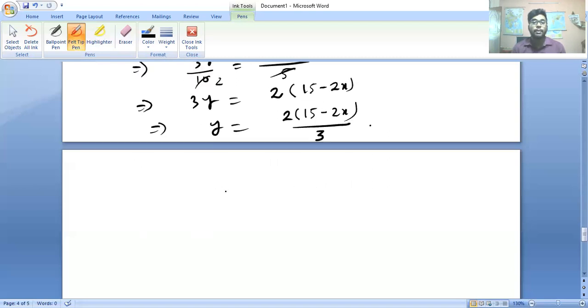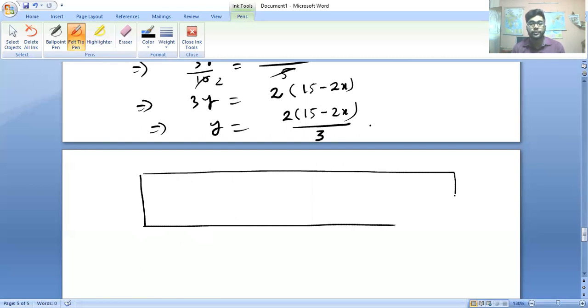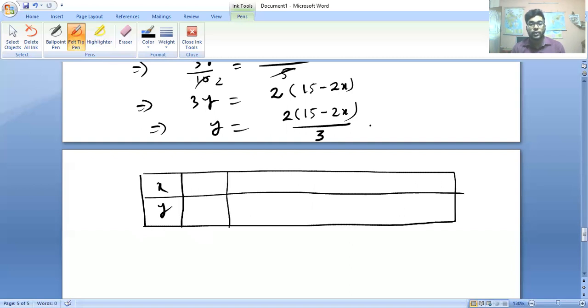Now we will make a box for 5 different solutions. We'll separate by a line, and then we will give x here and y there. We need 5: 1, 2, 3, 4, 5.